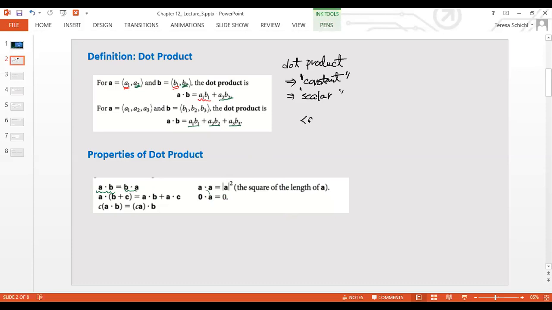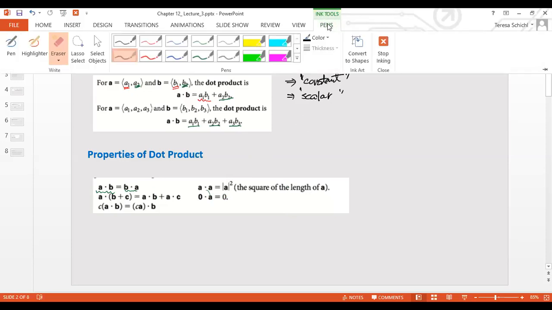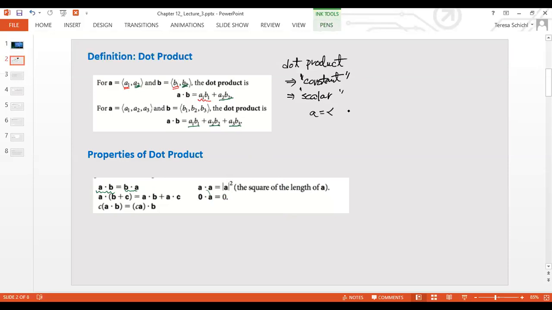If A is equal to (A, B, C), remember how we define the length of A? By using the Pythagorean theorem, it is the square root of A squared plus B squared plus C squared.